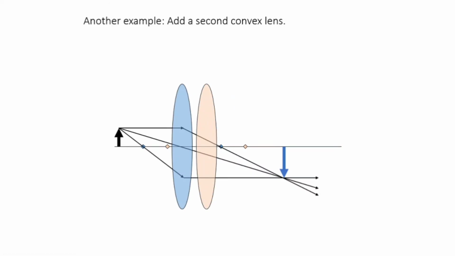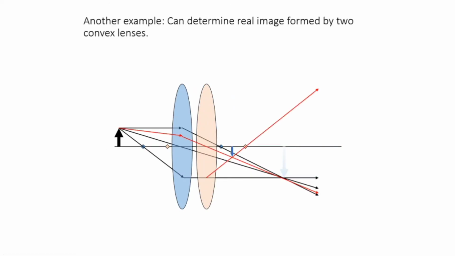If we add a second convex lens here, there is a possibility of image formation here, because the refracted rays from the first lens are the incident rays for the second lens in the system, and the resultant effect is observed here, where the image is formed.